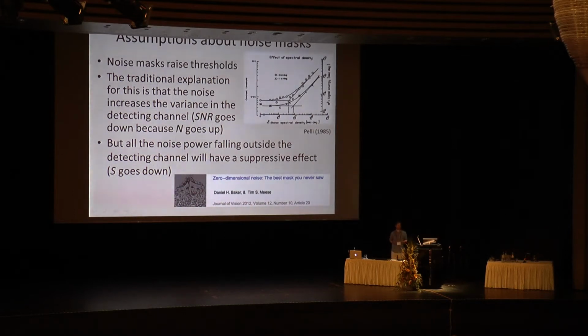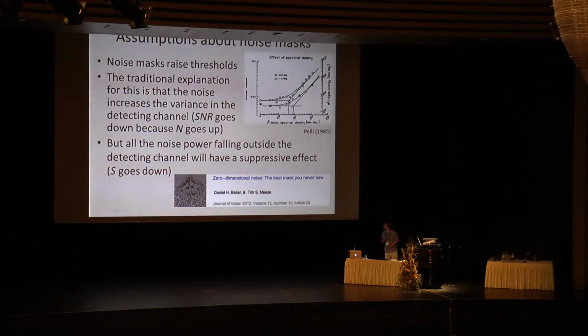But there's another possibility, and if we use broadband noise masks like white noise, then all of the power of the noise that falls outside the bandwidth of the detecting channel is going to activate lots of other detecting mechanisms, and they might have a suppressive effect on the detecting mechanism itself. So that means that your signal to noise ratio is going to go down because your signal is being actively suppressed.